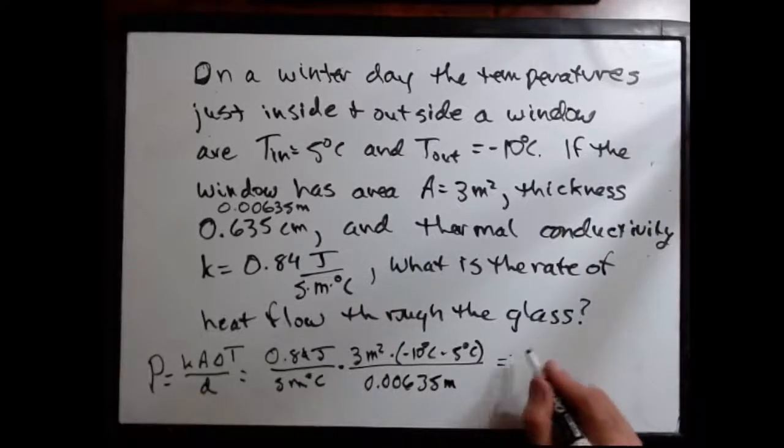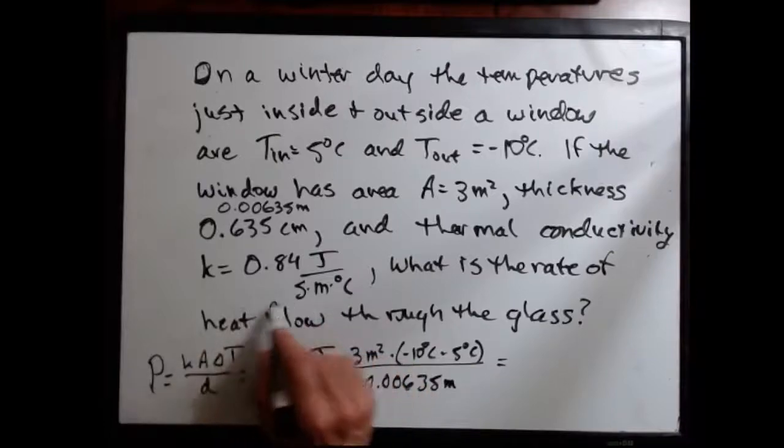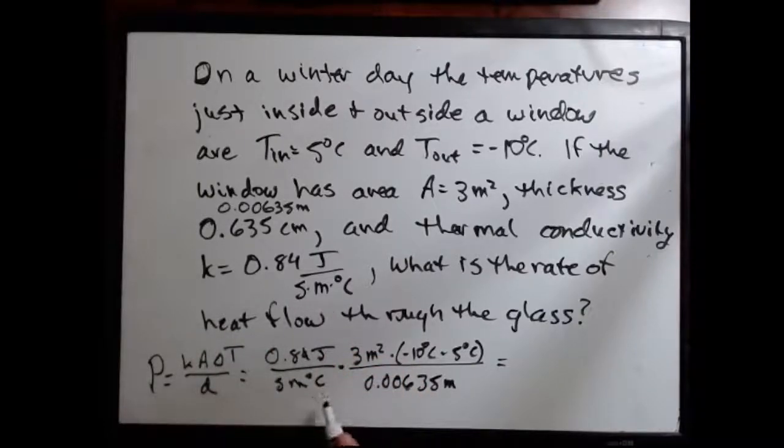And what I get for this, let's just work the units here for a second, because I pulled up these units for this thermal conductivity, and we have to just see that it works, right? These guys are in degrees Celsius, and so the degrees Celsius are going to cancel. That's going to be a minus 15, right? And then I have a meter in the denominator, and a meter squared in the numerator, and then I have joules and seconds.